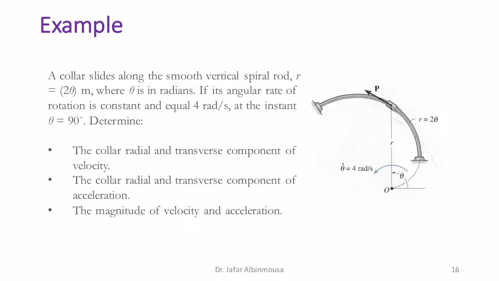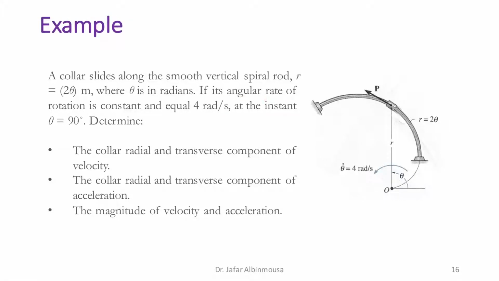Here we have a collar that slides along a smooth vertical spiral road, where r, the position, is equal to 2 theta, measured in meters, where theta is measured in radians.